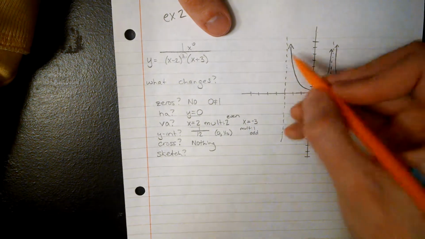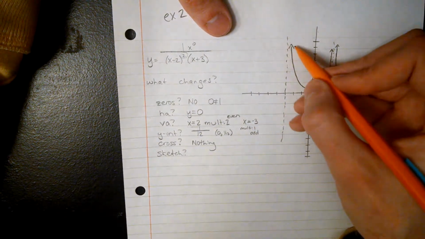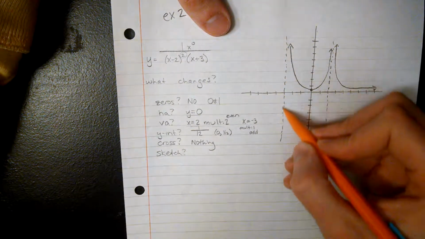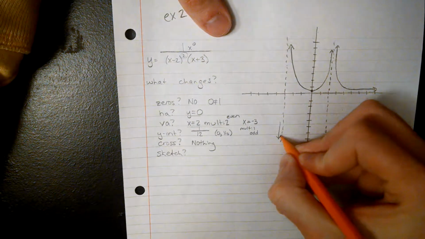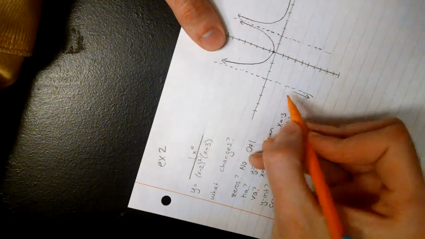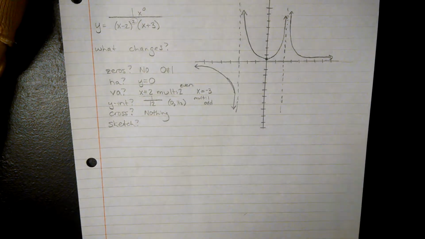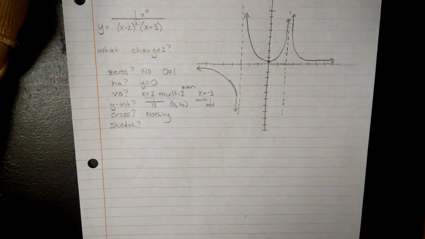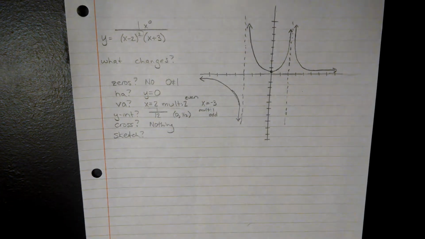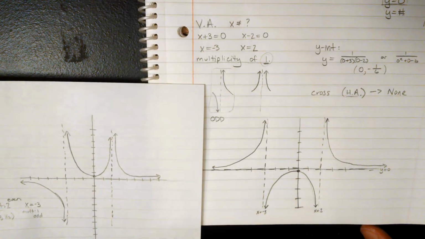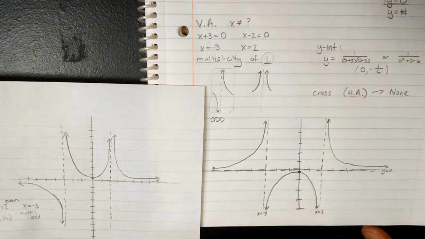And then the asymptote over here at negative 3 has an odd multiplicity, which means if it's going up on the right side of the asymptote, it's got to go down on the left side of the asymptote. So, make a little sketch here. Again, it's not going to cross the x-axis at all. There's no x-intercepts. So this graph looks about like this. So you can compare the two and see what a big difference it makes to have that squared in there on the bottom. It completely changes the way the graph looks.